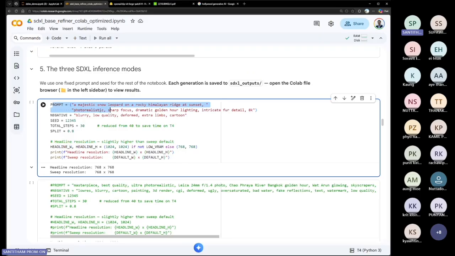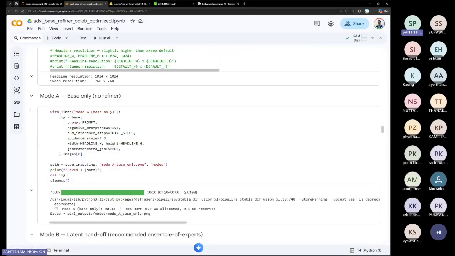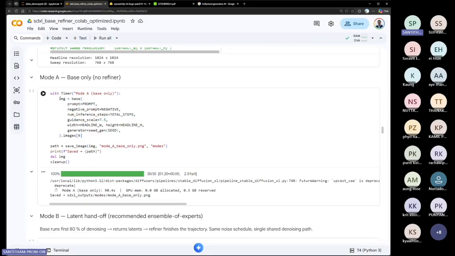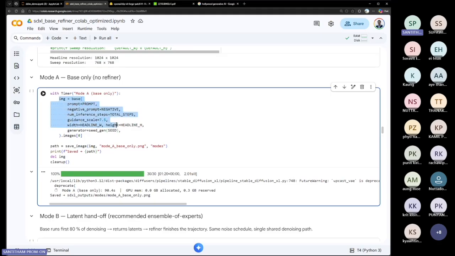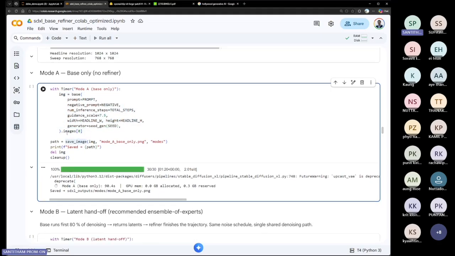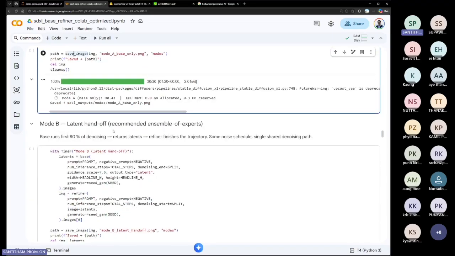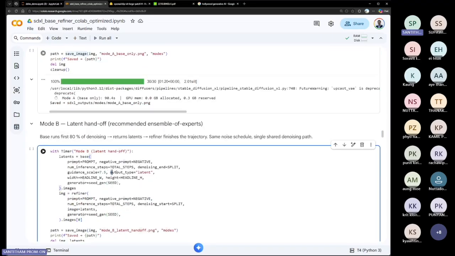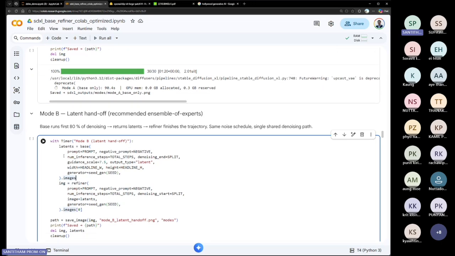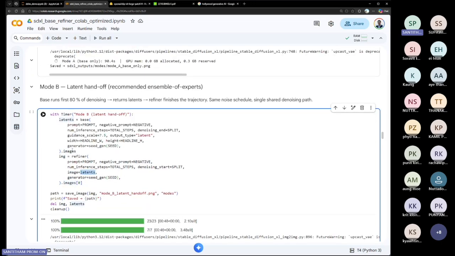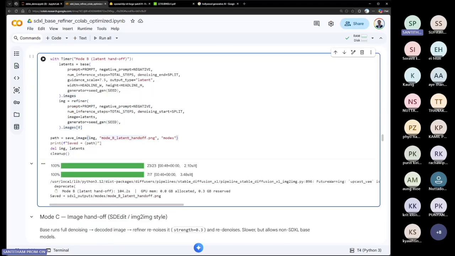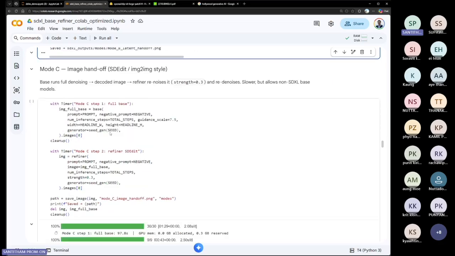The prompt and negative prompt, then during inference with base only, you get the image from the base model and save it. Setting the output type as latent, I then put the latent as the input image of the other one and get the final output. Use the same prompt and negative prompt. Lastly, this is the image handoff. Put the image here.